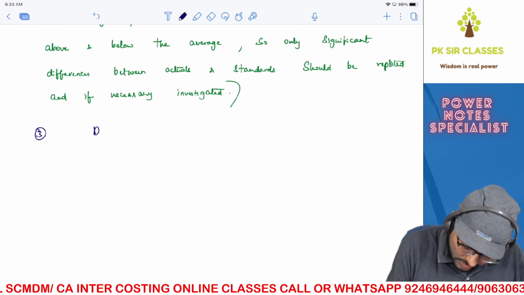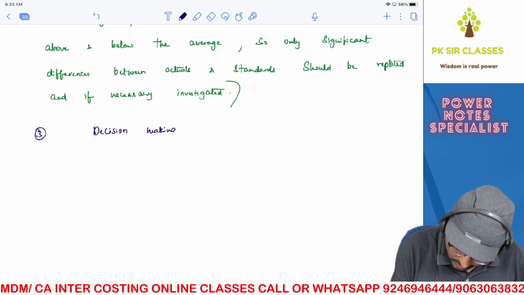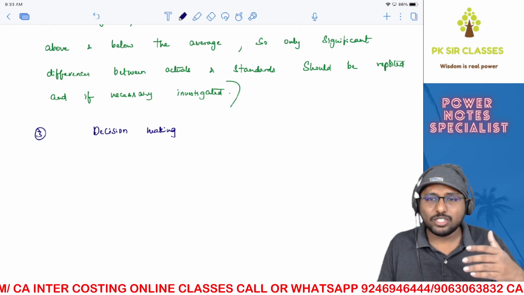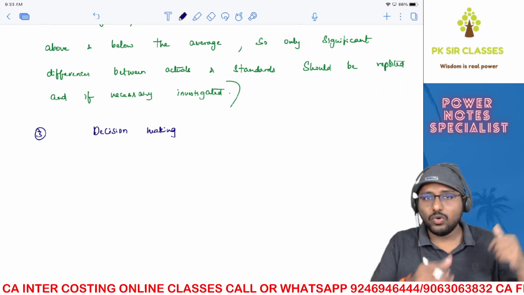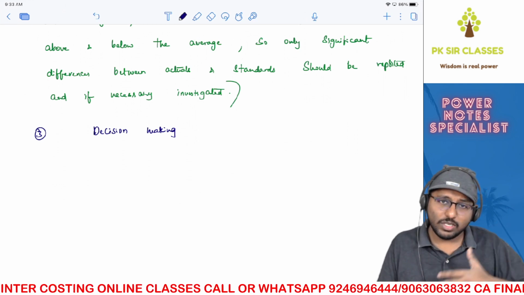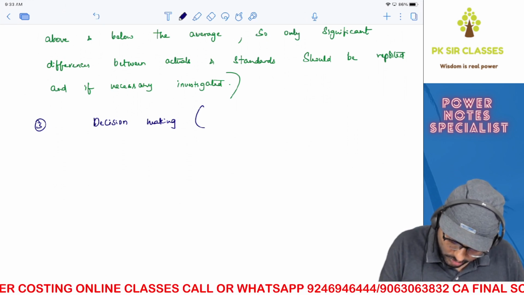It is also used in decision making as well. How? Now, decision making is all about taking a decision with respect to the future, right? We are not making any decisions with respect to the past. So standard cost will help you to predict some future cost.